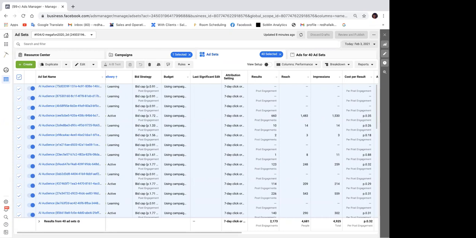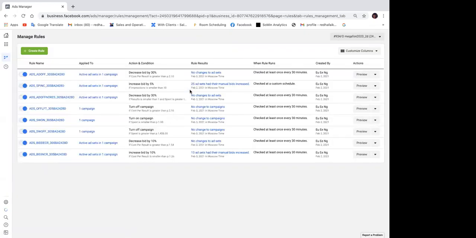This is the point. So if you open the rules tab, you see rules. You say manage rules. You can see that the rule that increased a bid by 5% has modified 25 ad sets.